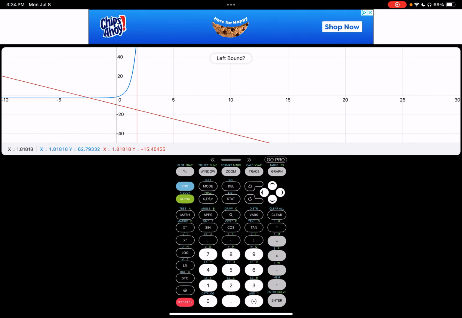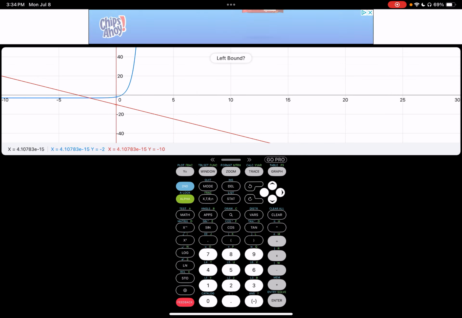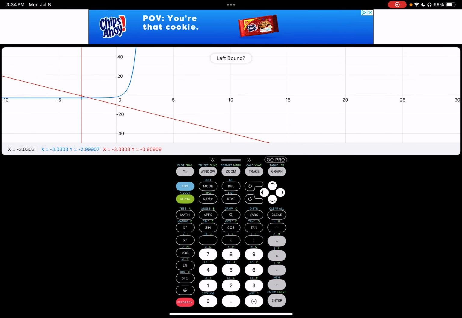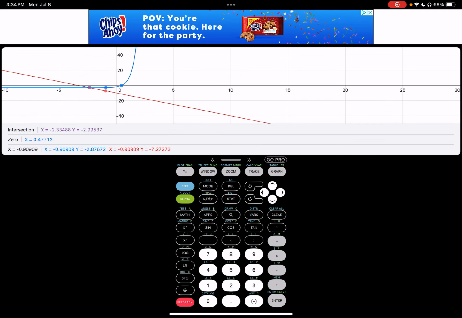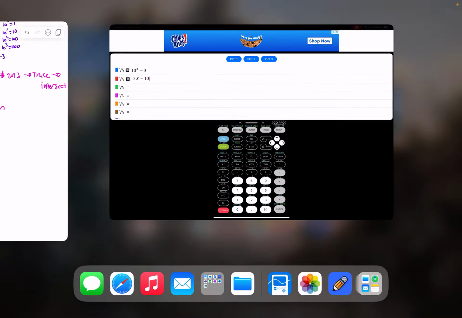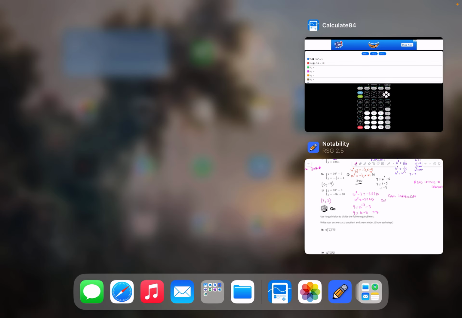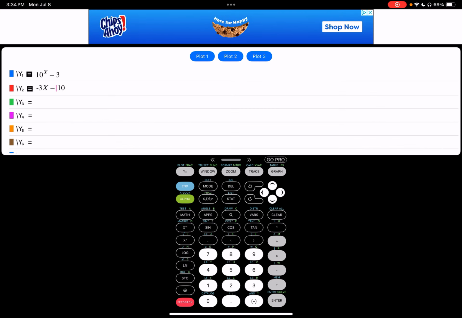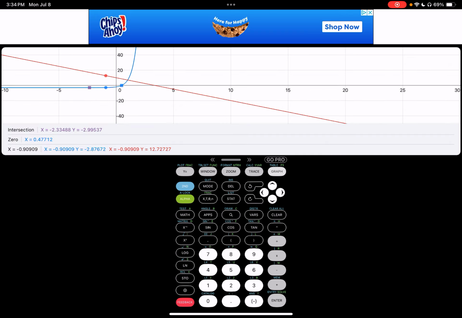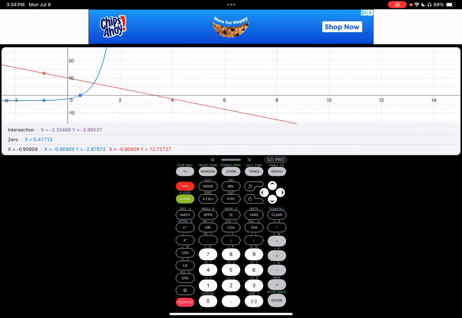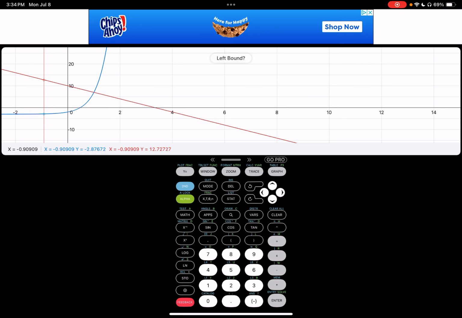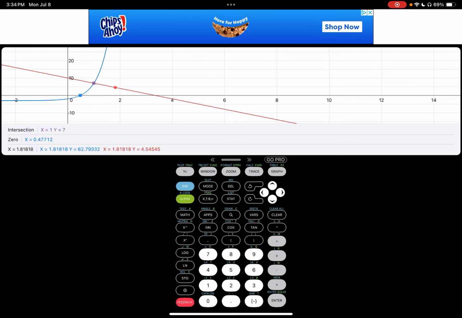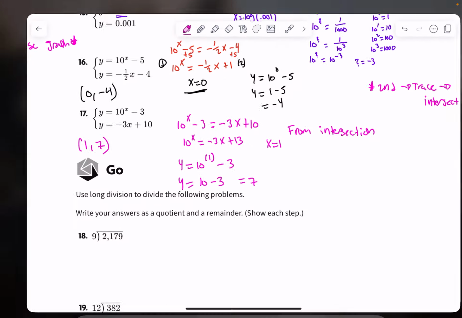So we are there and there. Plus 10. Okay, graphing them again. Rerunning the same process. I hope you all are experts on this by now. So my point right there is 1 comma 7.